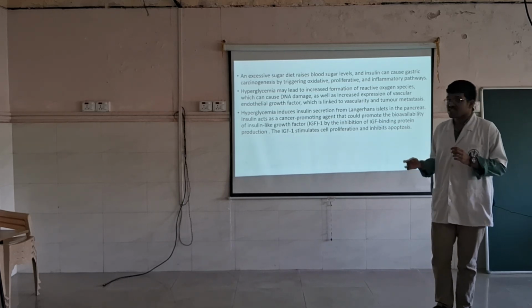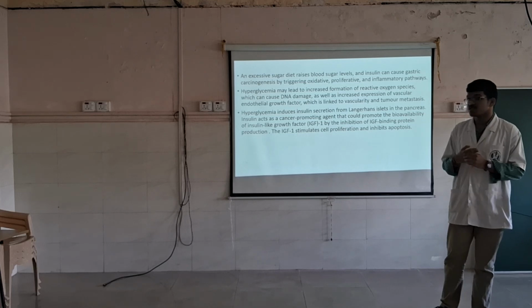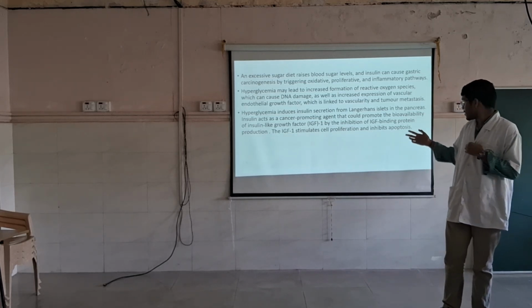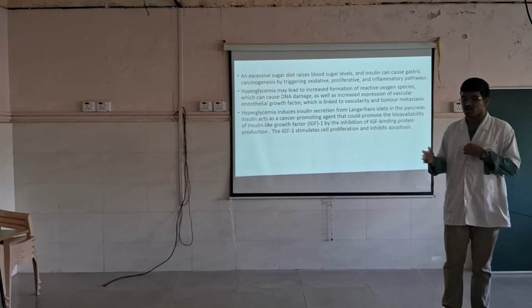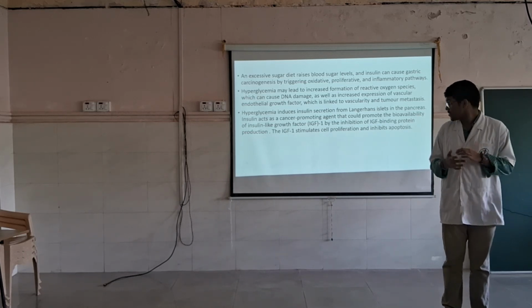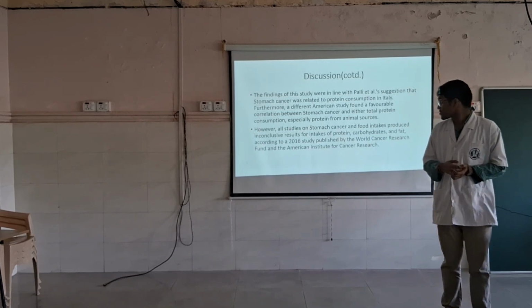Hyperglycemia also leads to release of insulin. Insulin increases the bioavailability of insulin-like growth factor, which leads to inhibition of IGF binding protein production. And this insulin-like growth factor 1 also stimulates cell proliferation and acts as an anti-apoptotic factor.